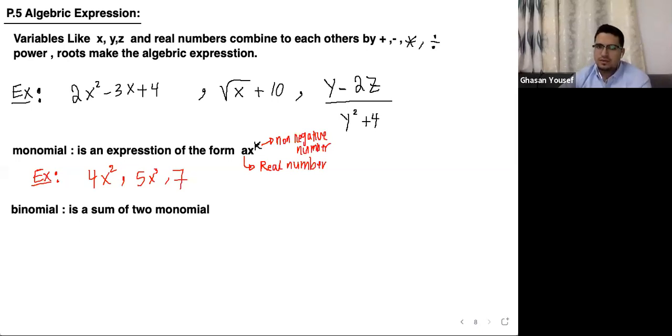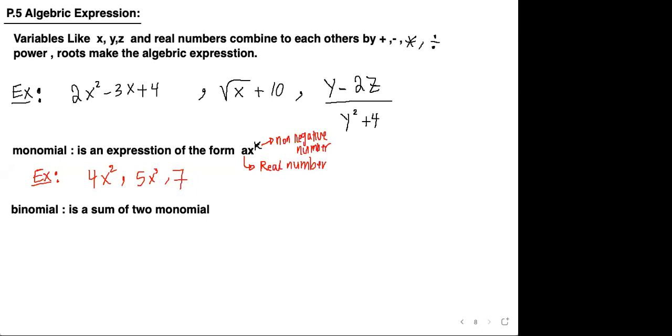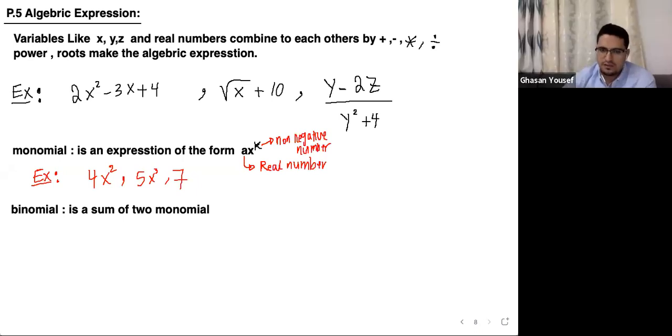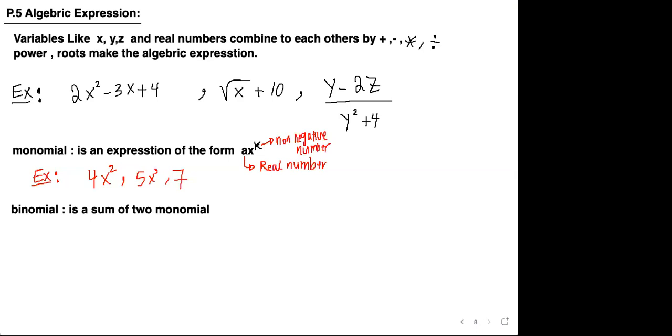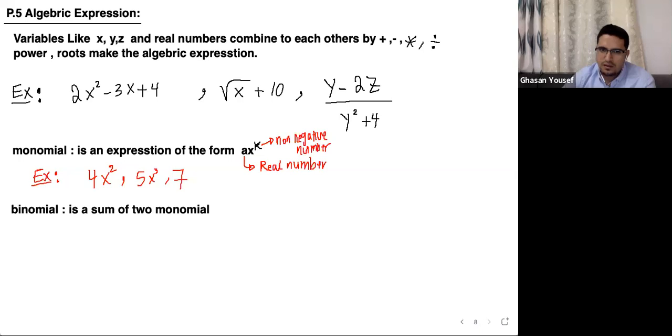Who said the 7 is monomial? I think it's monomial. Why? I learned this probably in 9th grade. I just remember a monomial being either a product of a real number and something else with a real number exponent, and it can be by itself too. Yes, that's correct.